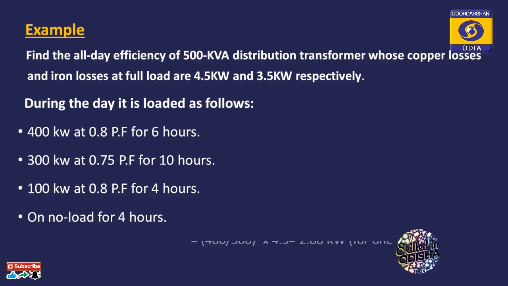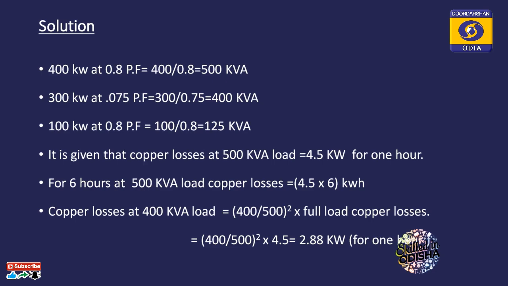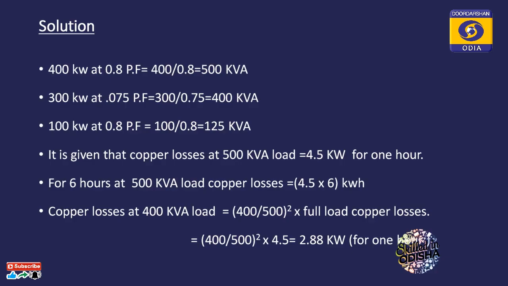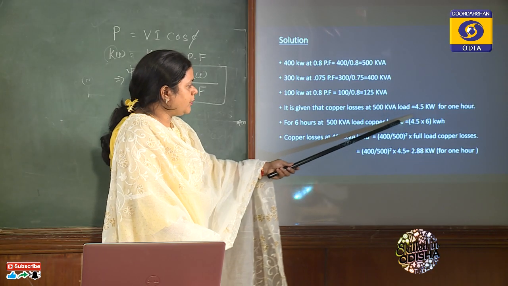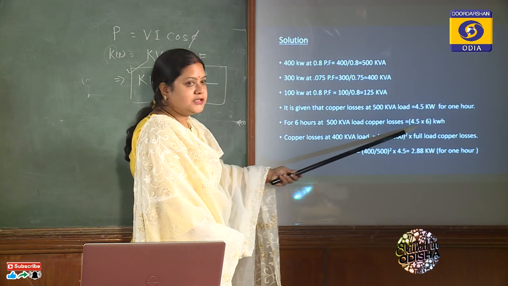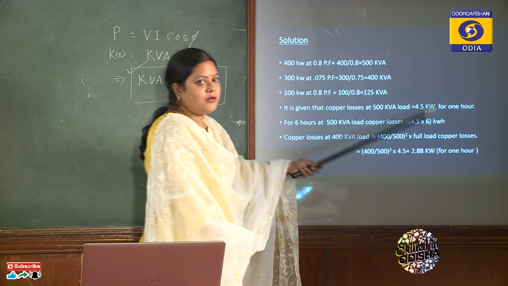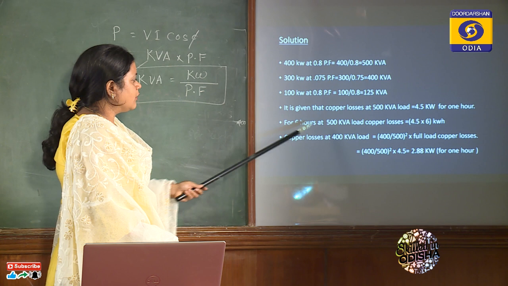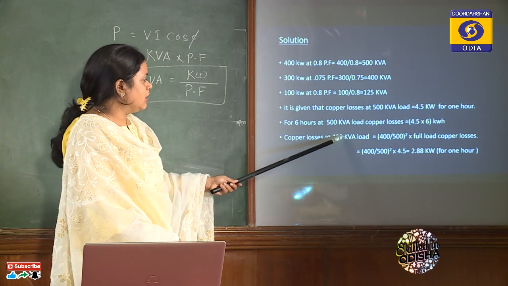So for 1 hour we have 4.5 kilowatt. So for 6 hours at 500 kVA load, the copper losses will be 4.5 into 6 kilowatt hour. Why kilowatt hour? Because the full load copper loss is 4.5 kilowatt and 6 is the hours. So that is why it is kilowatt hour. This is for one load, that is the 500 kVA load.